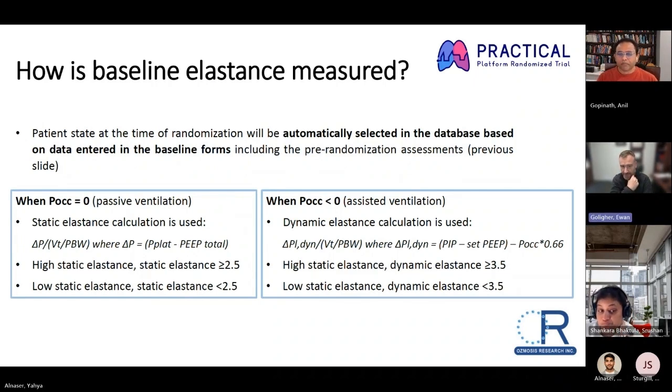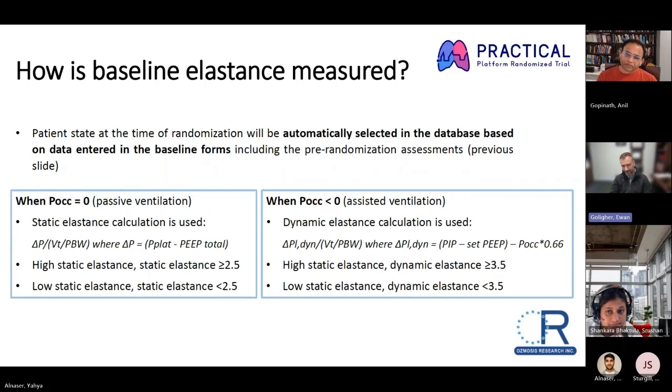If, on the other hand, the patient's breathing and the POC is less than 0, so they have a negative pressure swing during inspiratory effort, then we measure the dynamic elastance, because we weren't confident that plateau pressure could be measured reliably in these patients. So we measure the dynamic lung elastance instead. So here, it's the lung distending pressure computed, like I talked about before, divided by the tidal volume in mils per kilo.